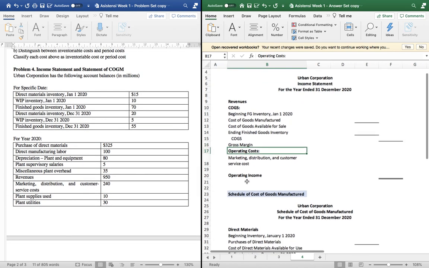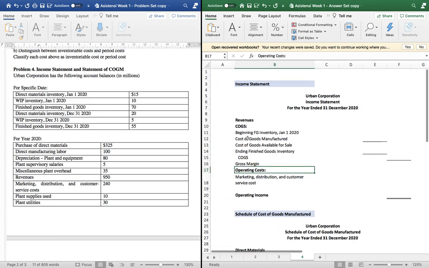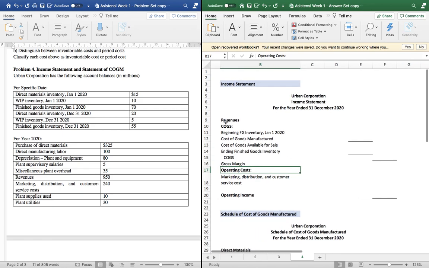So for income statement, there are three main components, which are the revenues, the cost of goods sold, operating cost, also known as the period cost, and the bottom line is operating income. Let us start from the revenue first.